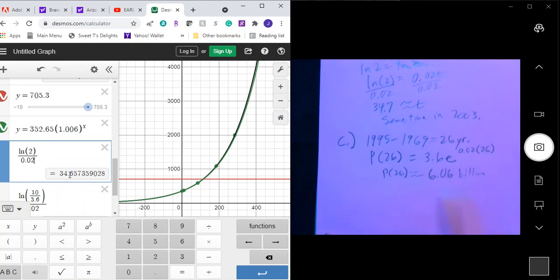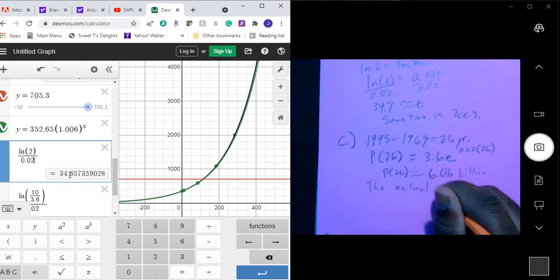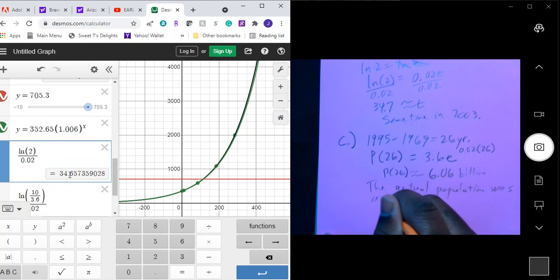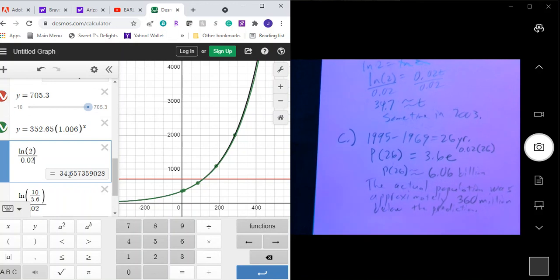Now, they want us to compare this, the actual population was approximately 360 million below the prediction.